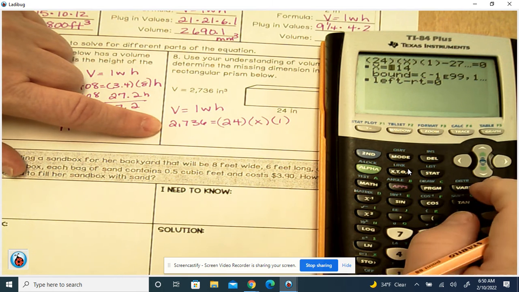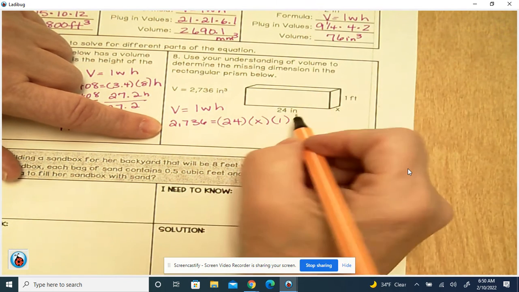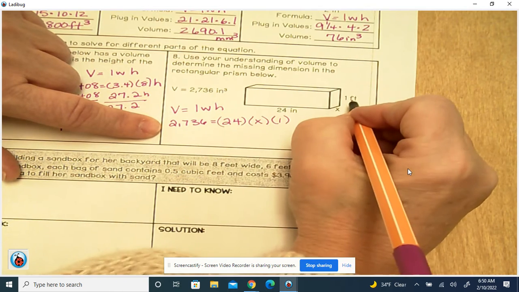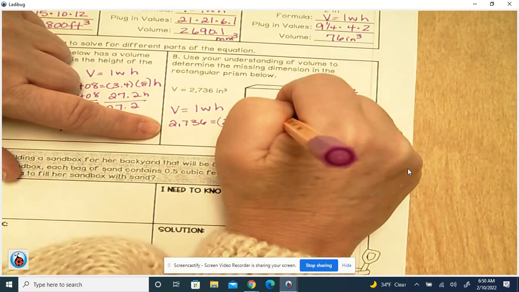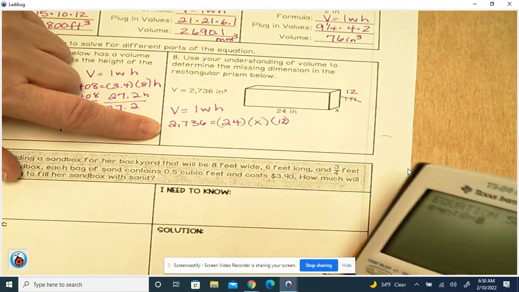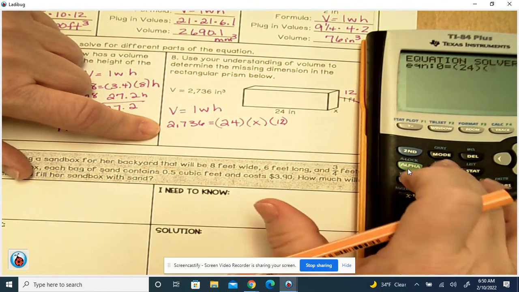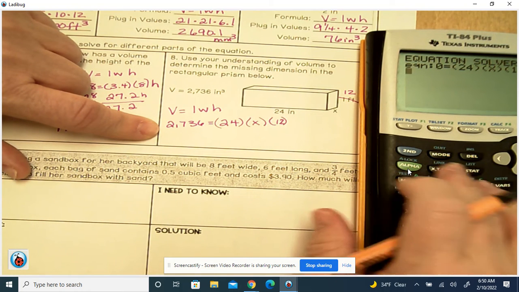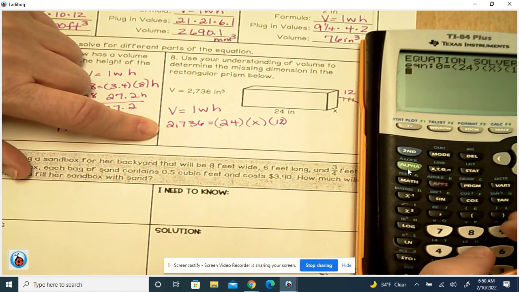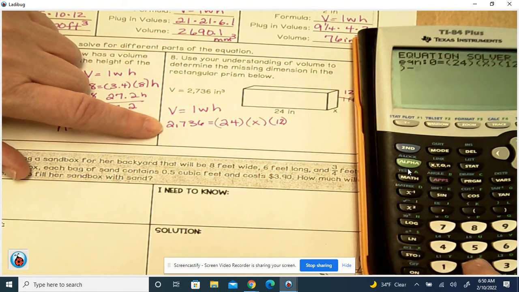oh, let's go back. See something I missed. Something y'all probably would have missed too. This is inches and this is foot. So they have to be the same. So we have to change this to 12. So let's go down here and put this to 12. Glad I caught that. Now let's re-enter it. 24 x and 12, 24 x and 12 minus 2,736.